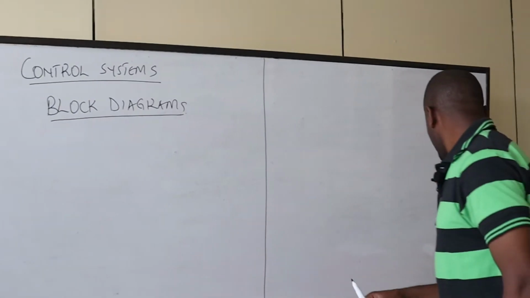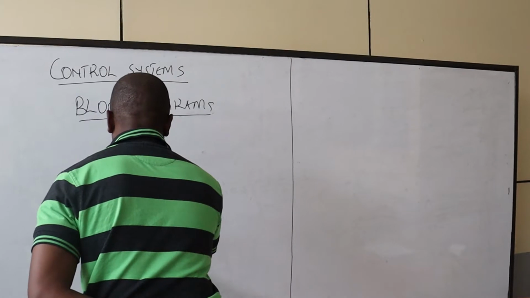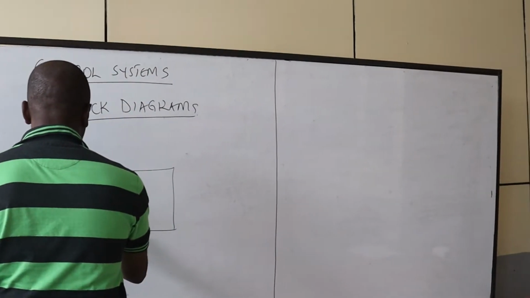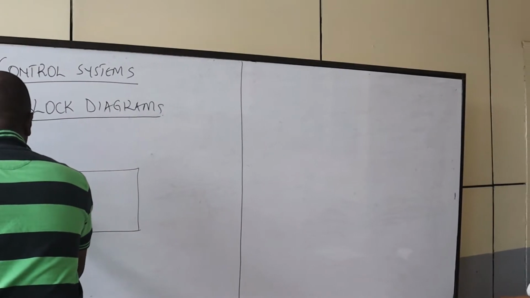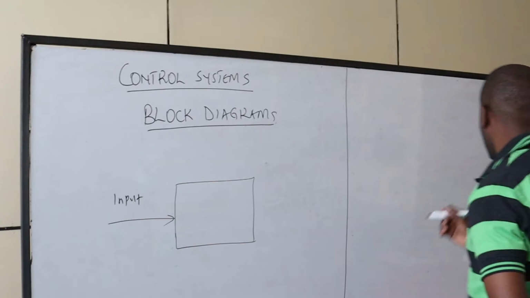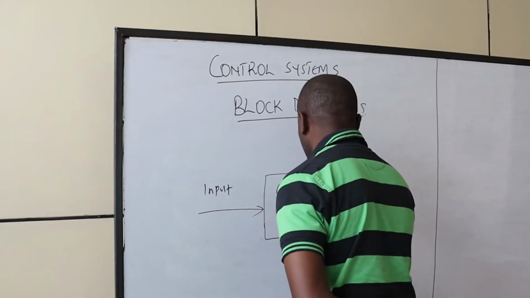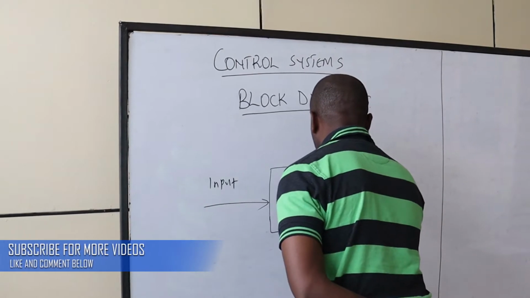So you can have a simple block diagram whereby you have the input. So this is the input source. Then from the input source we can have what we call the control system components.